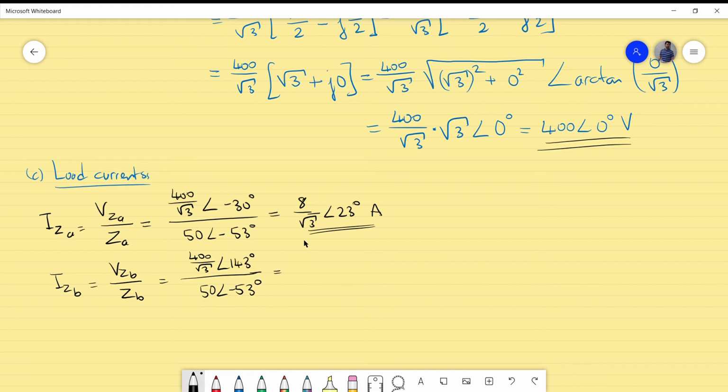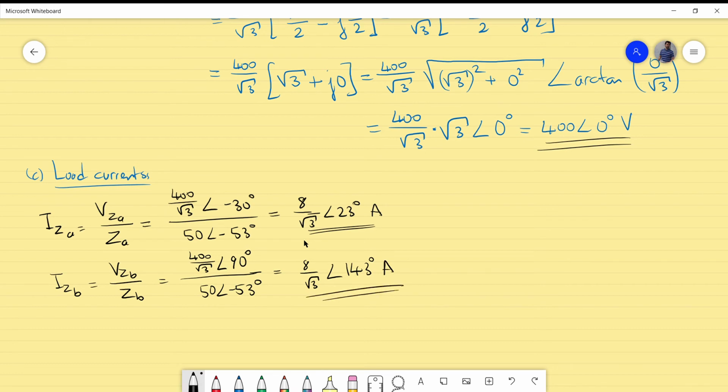And if you again do the math, you will get exactly the same amplitude for the current, but the phase, this is 90 degrees, excuse me, this one. Okay, then you will get 143 degrees for the IZ of B.